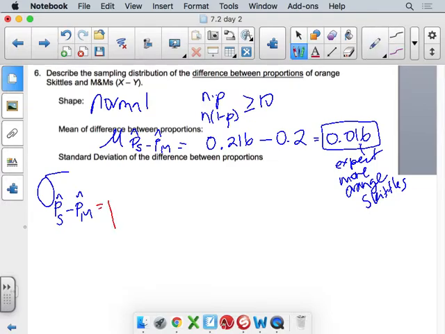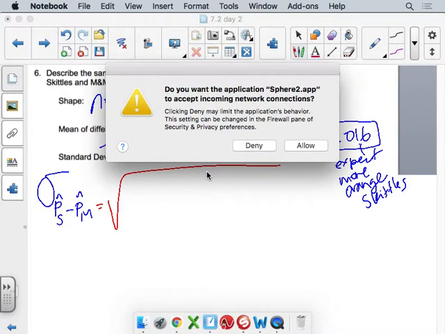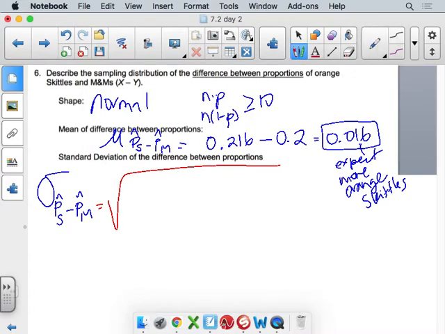So it says it's equal to the square root of, and it says it's equal to the p. It's equal to the proportion of 1, which we're going to do Skittles, so 0.216 times 1 minus p hat, so that's going to be 0.784 divided by the number of sampled Skittles, which was 50. We sampled 50.